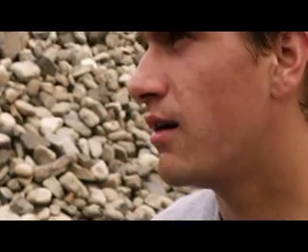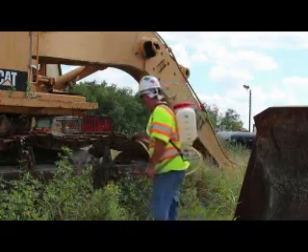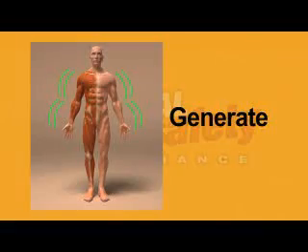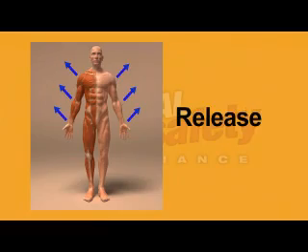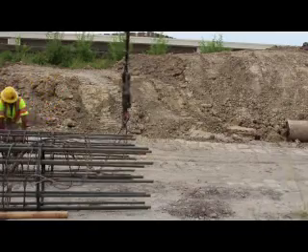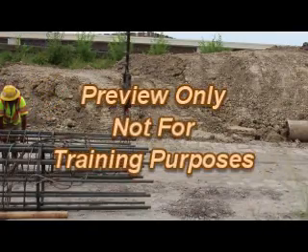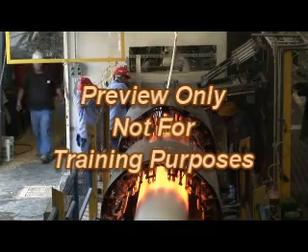The human body must maintain a constant internal core temperature of approximately 98.6 degrees Fahrenheit. The body works naturally to maintain this temperature by generating heat, absorbing heat from the environment, and releasing heat as needed. Environmental sources of heat include the ambient or surrounding air, sunlight, direct light, machinery and equipment, to name a few.